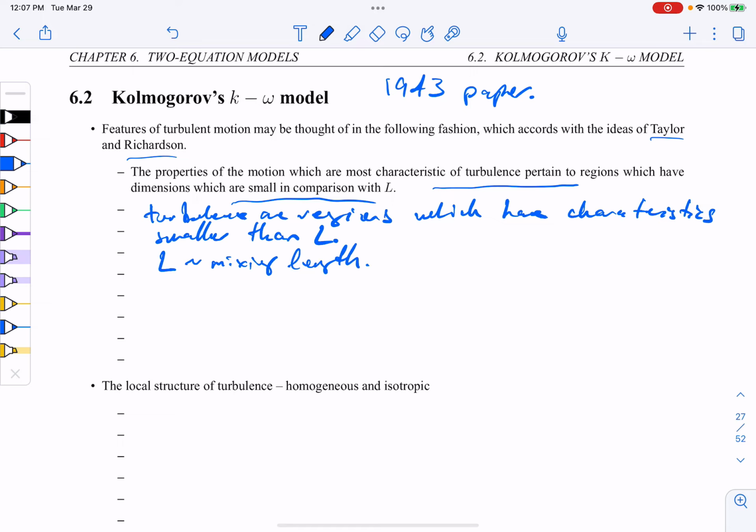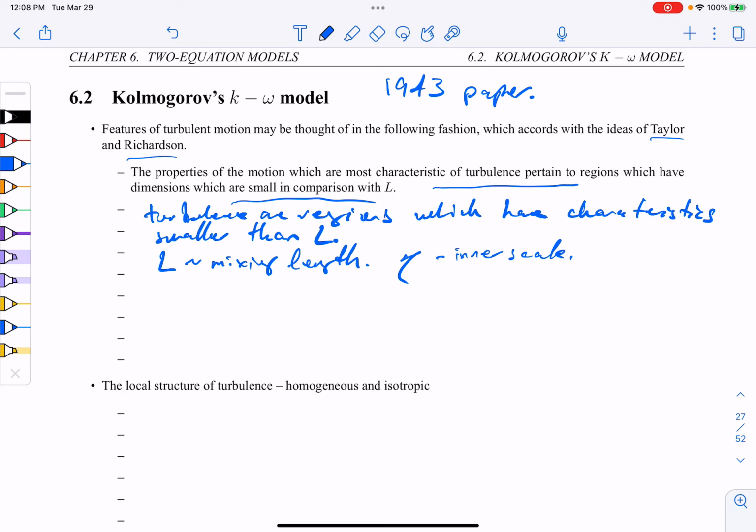So that's just some large-scale length in the turbulent flow, which he looked at as the mixing length. And the turbulence is like a cascade. Two years earlier than 1943, he published his most famous work, called K41, which we talked about earlier, where you find what the small-scale turbulence is, which would be called the Kolmogorov scale. And there's this whole range of scales between L and eta, and he called eta the inner scale. He didn't name it after himself, which would maybe be a little presumptuous.